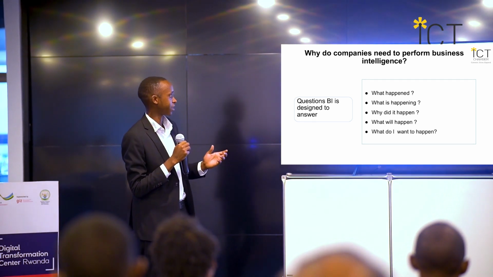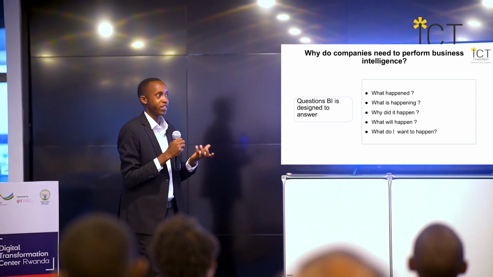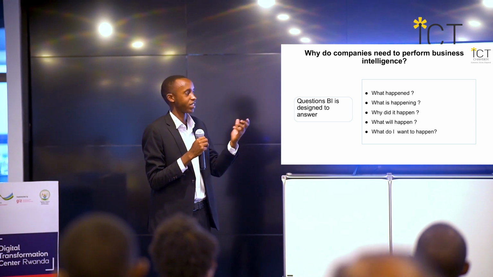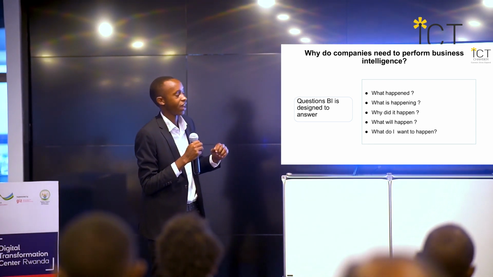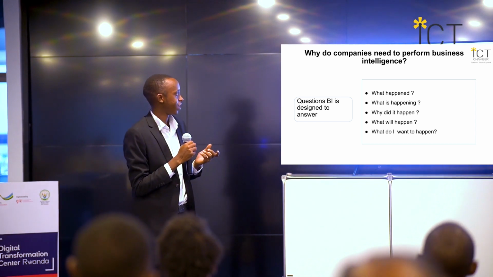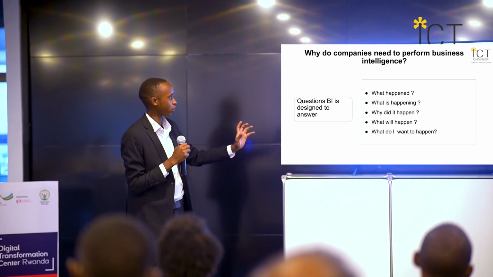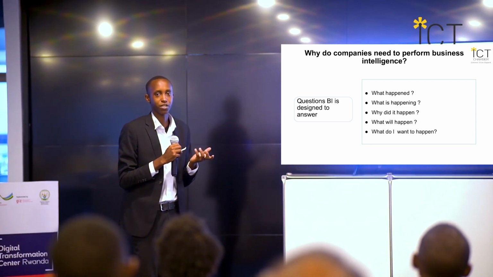The third thing is why did it happen? For example, why did this product category sell so high, and why does it have high revenue? We deal with that current situation, and we are able to identify what will happen, to predict the future.